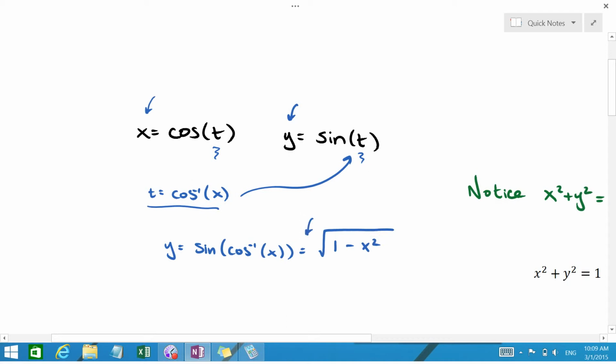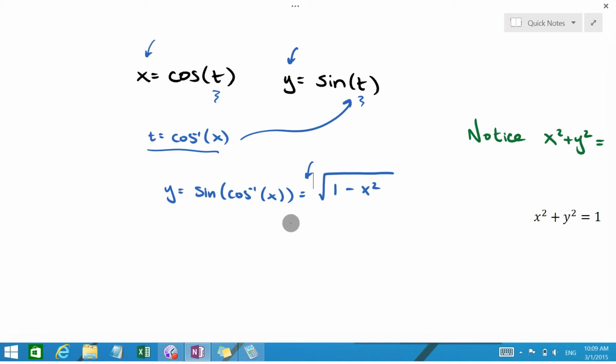It looks very bizarre. Well, you might remember from lower level calculus classes, you would always draw this right triangle. You'd call one of the angles, in this case, t. And then if x is cos t, then, well, cos is adjacent over hypotenuse. So x divided by 1 would be cos t. So it works out.